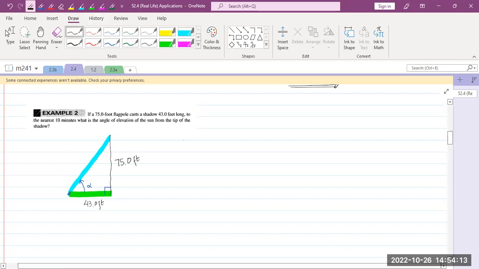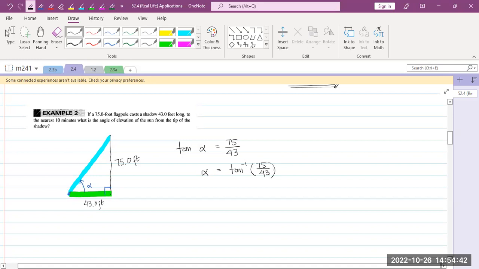Which trig function? Oh, tangent, right? Tangent alpha equals 75 over 43. And apparently here the alpha is an acute angle, right? Now once it is an acute angle, then we can use inverse trig function, in this case inverse tangent of 75 over 43.